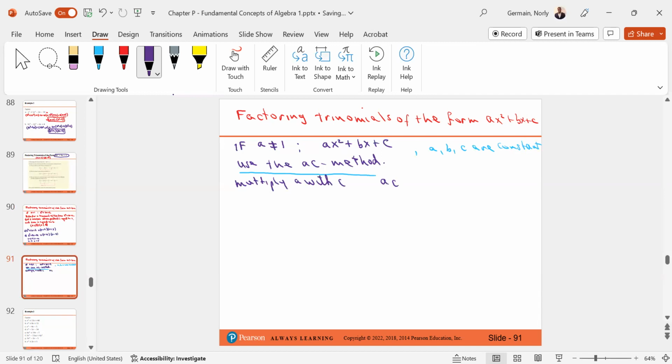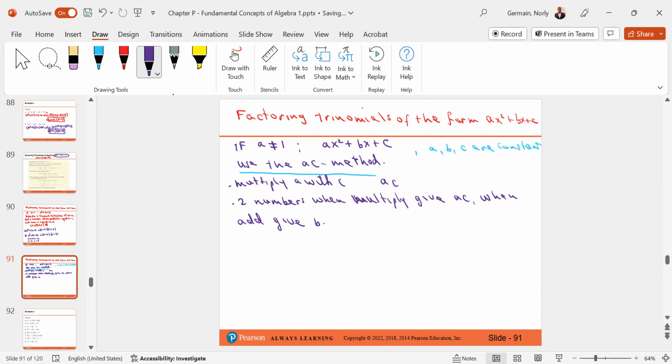Now find two numbers that when multiplied give you ac, and when added give b.